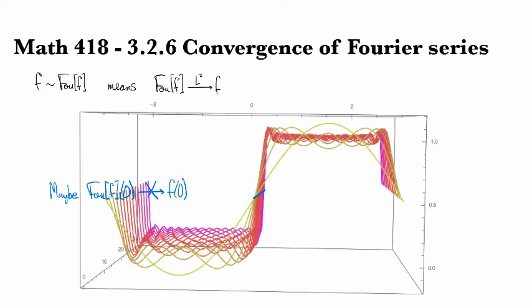So here f of 0 is equal to 1, and the Fourier series for f at 0 is equal to 1/2. But hey, sometimes a point here, a point there, it's not going to throw off the value of an integral. And that's why it's possible to converge in L2, but not pointwise sometimes.